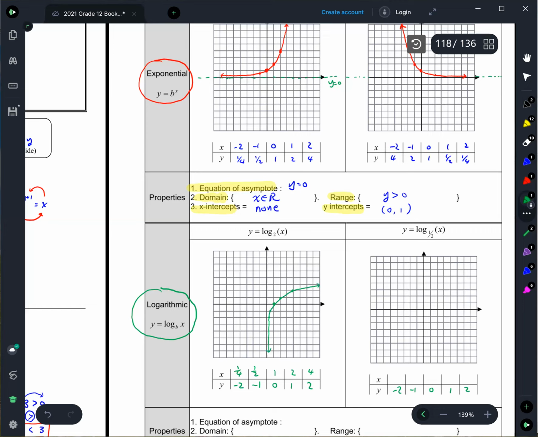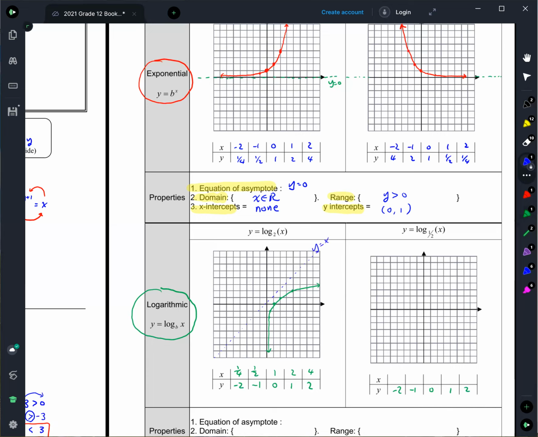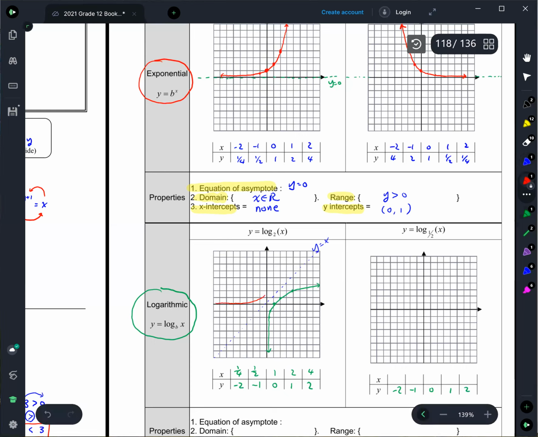Okay, remember inverse and its original graph, there should be a reflection, okay, over the y equal x, right? Like a mirror line. This is y equal x. Right, if you draw both the exponential and the inverse, right, there's a reflection.